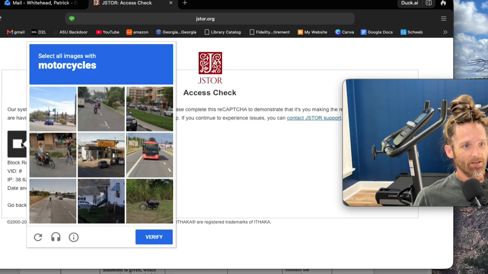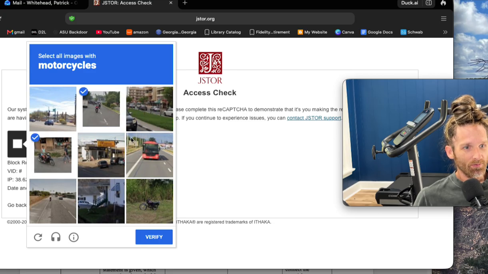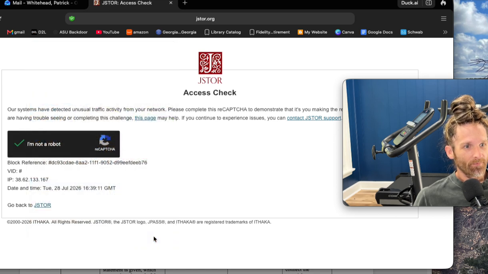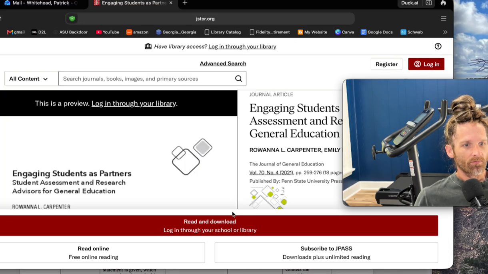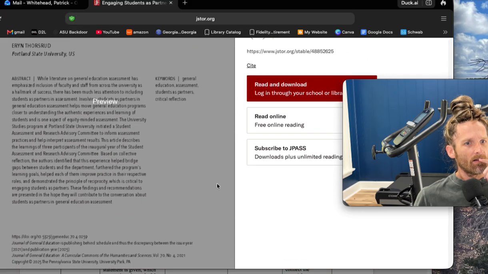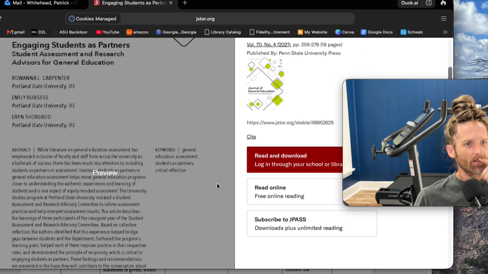I hate these because I can never tell if there's a motorcycle in these blurry pictures. That might be a motorcycle or just like a pedestrian. I passed. Okay, I don't have access to it.